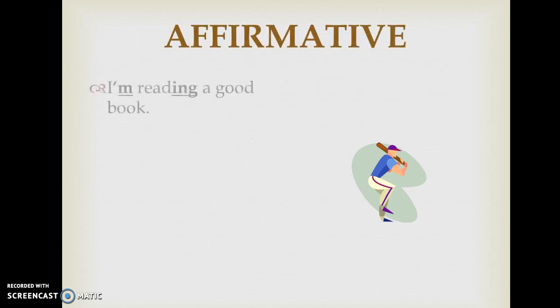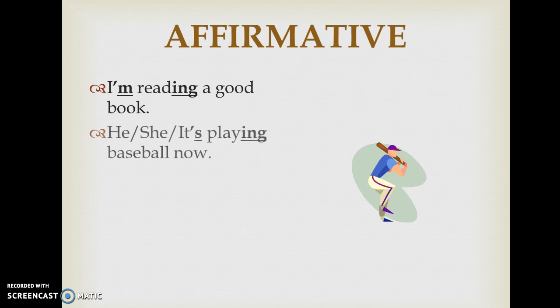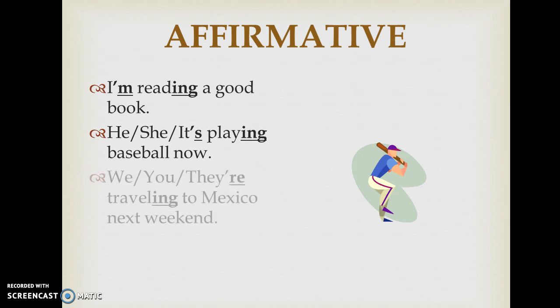In the affirmative form, we have these examples. I'm reading a good book: the verb to be plus ing, I'm, and the verb with ing. For he, she, it, is, the contraction 's, plus the verb plus ing. He, she, it's playing baseball now.